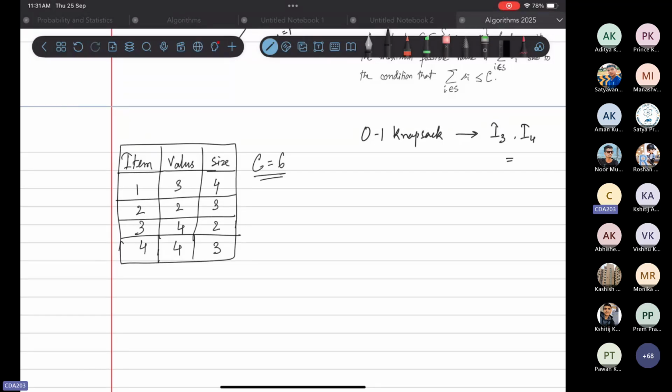So the value of the knapsack was 8. That was the maximum. Can you guess what would be the solution now if I'm allowed to take some fraction of the items?